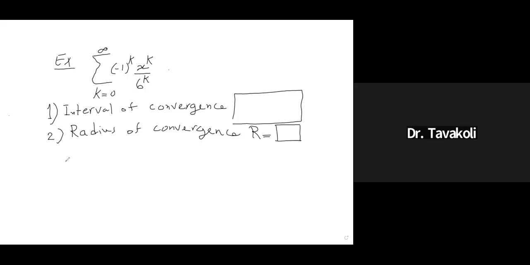If the limit of the kth root of the absolute value of the general term of this power series, which is (-1)^k x^k over 6^k, as k tends to infinity, happens to be less than 1, for sure the series is convergent.